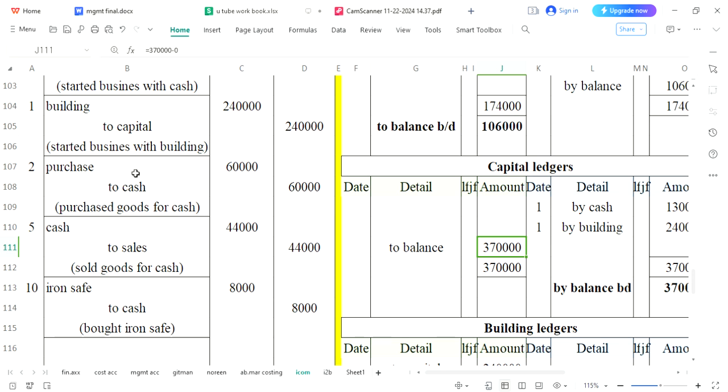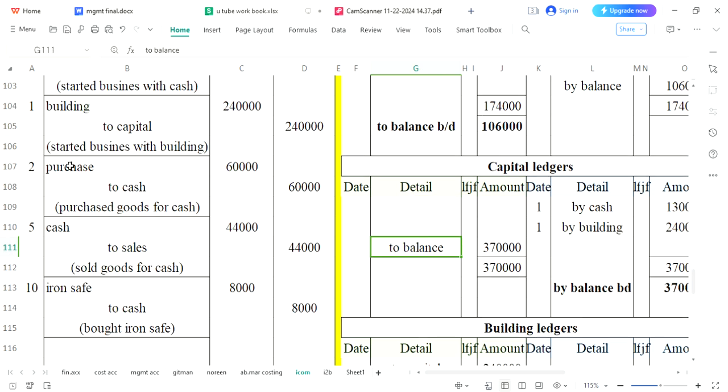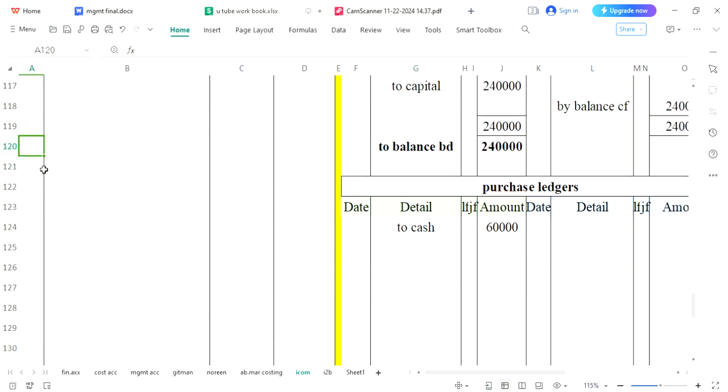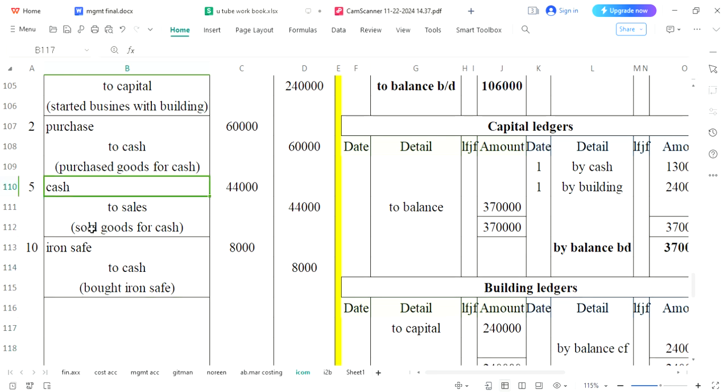To cash. So here 'To cash' would be written. And the date for this entry was 2. Just put 2 over here. After which you can see that no other entry has purchase. The question is ended. There was only one entry of purchase.